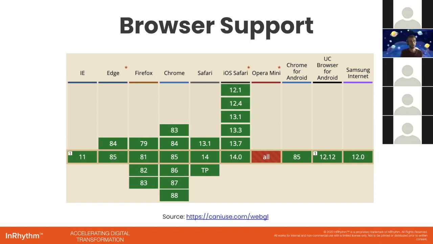You need a GPU, and I don't know exactly what that requires, but any iPhone should be able to run it. I think most Androids, most modern smartphones, as well as modern browsers.